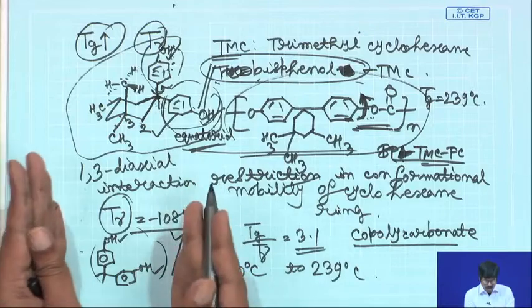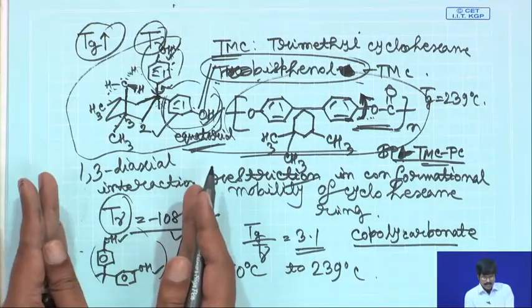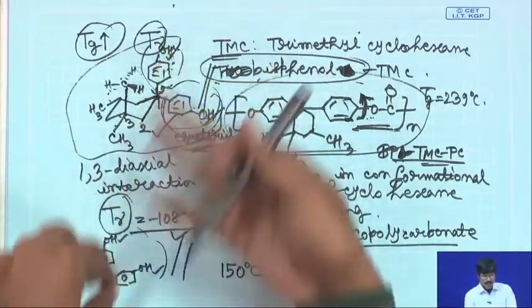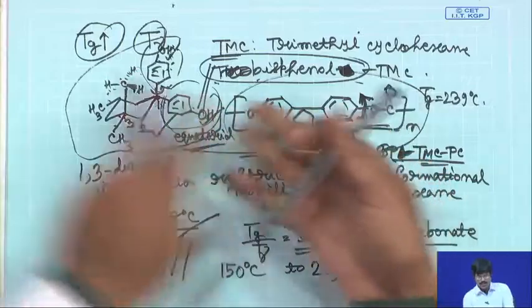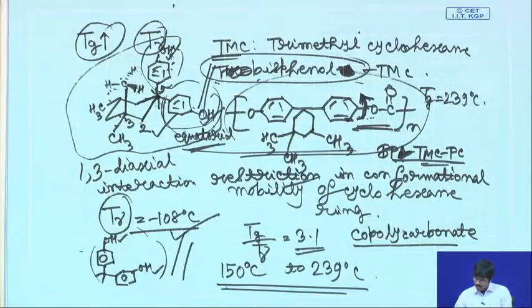Homopolycarbonate based on bisphenol A itself will have a glass transition temperature of 150 degrees Celsius. So, if you make a copolycarbonate with different relative ratios, and accordingly they will go into the polymer, your Tg can be varied somewhere between these two depending on what you want.